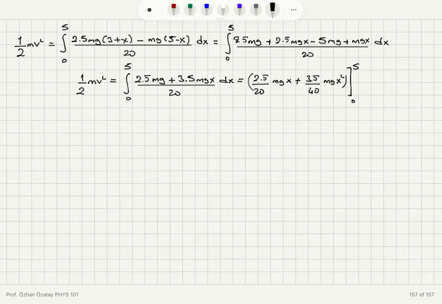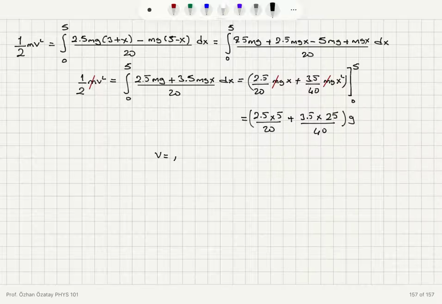So if I get rid of the masses here as well, this will give me 2.5 times 5 over 20 plus 3.5 times 25 over 40, times g, for v squared over 2.